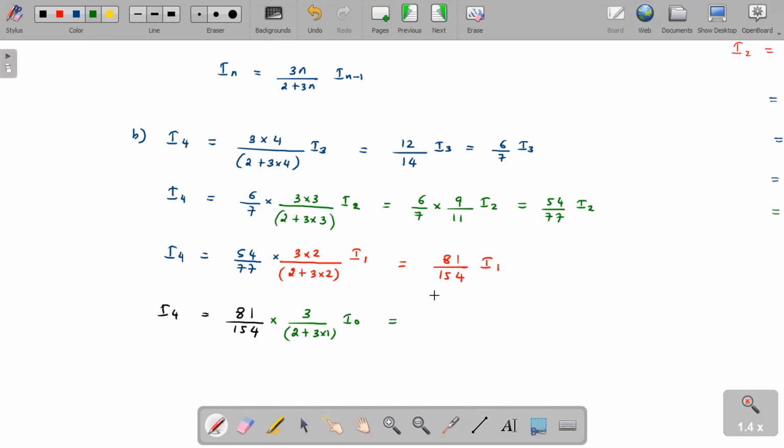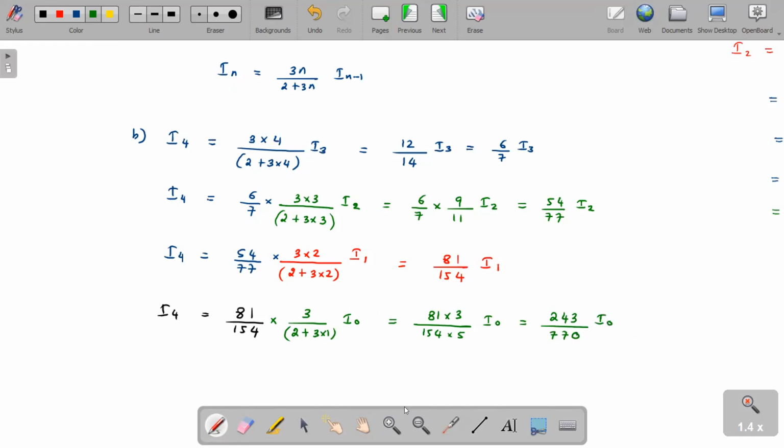So how much is this value here? 81 times 3 divided by 154 times 5. How much? 243 over 770.